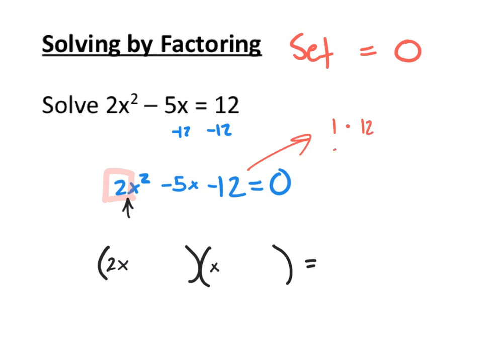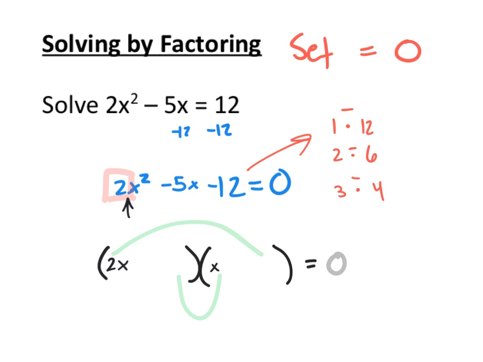So 1 and 12, 2 and 6, 3 and 4, where either one of them could be negative. But those numbers will no longer add up to the negative 5. Remember, on the more difficult type, those numbers do not also add up together to the middle number. To check the middle number, we instead have to check it by doing the smiley face method. So it's the O and the I out of FOIL.